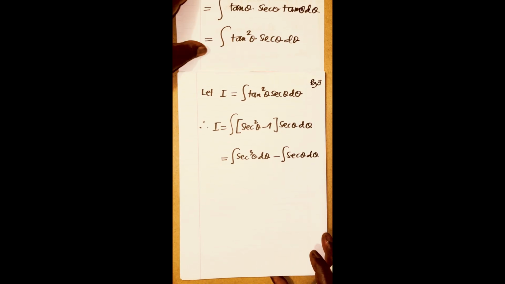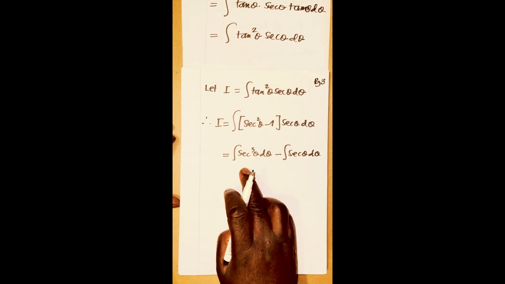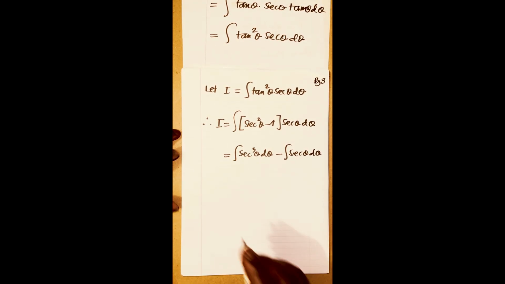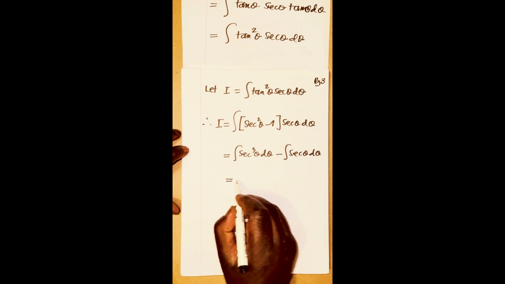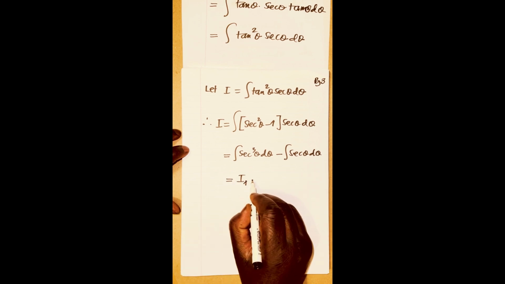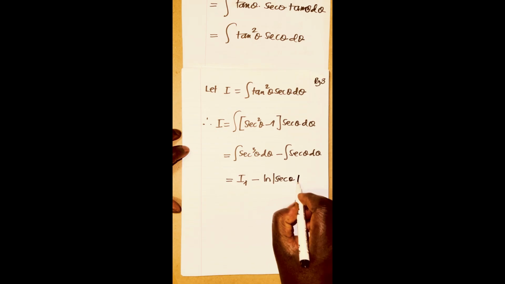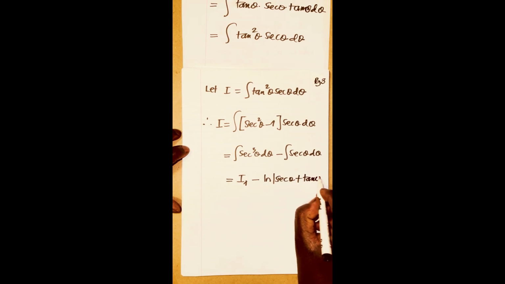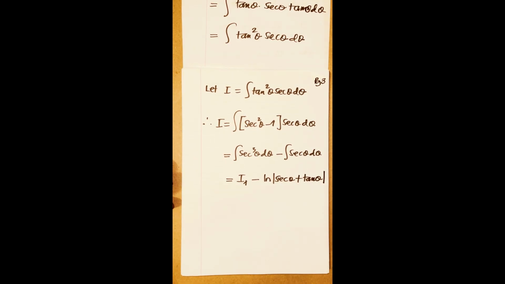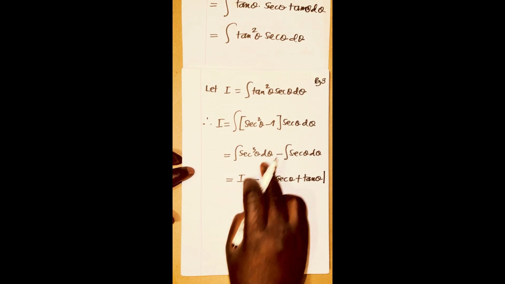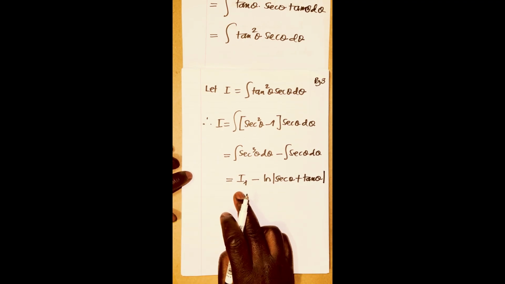I'm going to represent this first integral by some other integral sign. So let's say this is equal to I1, and then minus the natural log of sec theta plus tan theta. You should remember now that the integral of secant is just that one. Now I have to work out this one here, which I call I1.